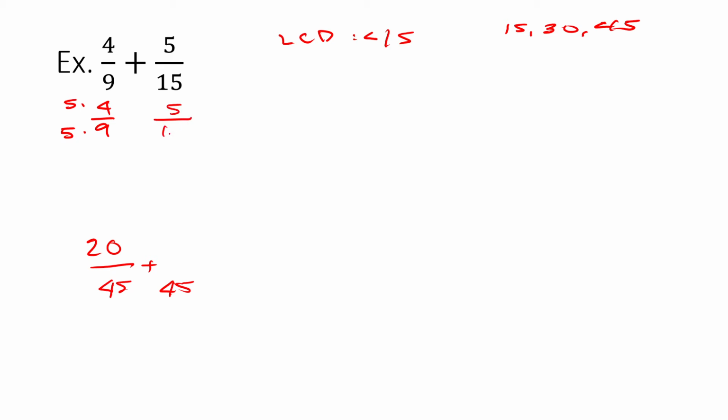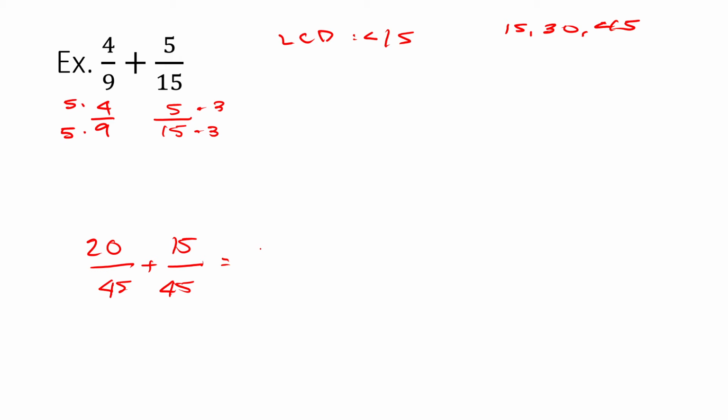We need to multiply 15 by 3 to change it to 45. So we also need to multiply 5 with 3. 5 times 3 is 15. 15 times 3 is 45. So now we have 20 over 45 plus 15 over 45.